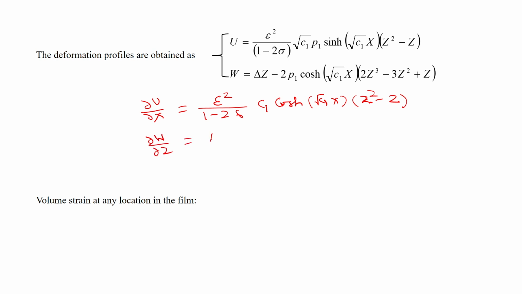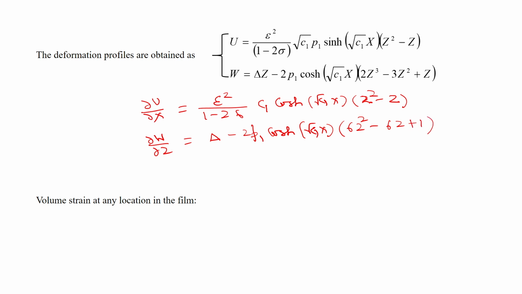And del w by del z is equal to delta minus 2 P1, and this is cos square root of C1 into x, and del z. So, it is 6z square minus 6z, plus 1 should also be there.